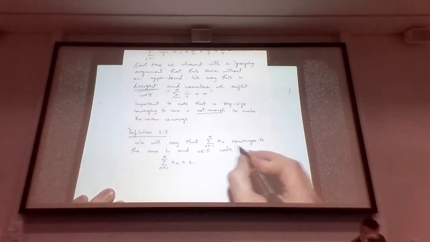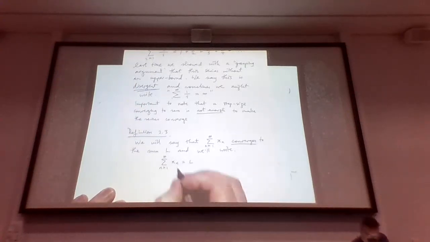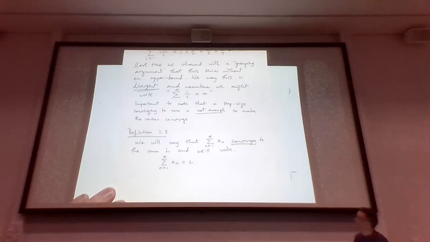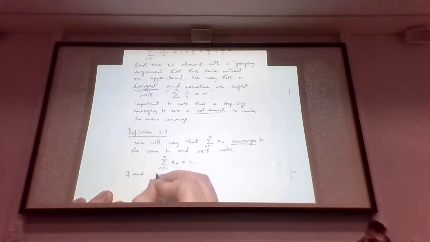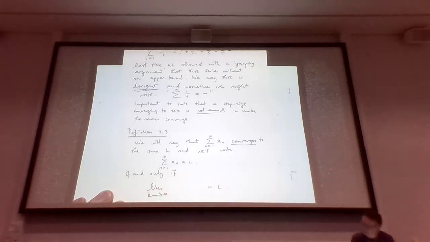So we will use this term, converges, and we will write this kind of equation if and only if the limit of a certain sequence is equal to L. So this is how we define convergence for series using the notion of limiting values of a certain sequence.